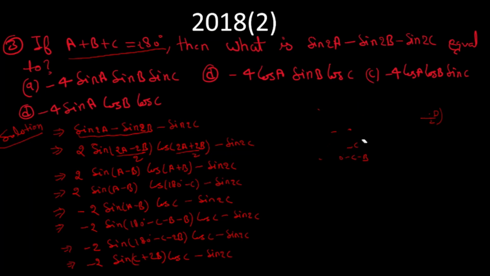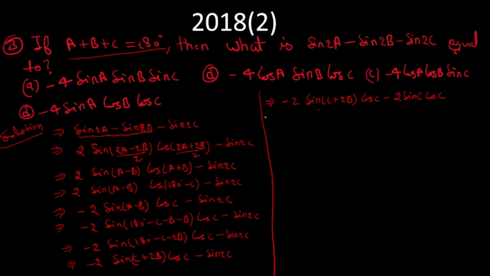Now I change sine 2c by applying the sine 2c formula here. So 1 minute. So we get minus 2 cos, sorry, we get sine c plus 2b and cos c. I write sine 2c as 2 sine c and cos c. Yeah, that is the formula. So now I take minus 2 cos c common.